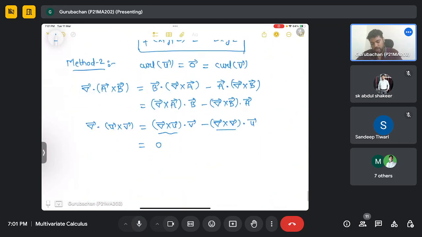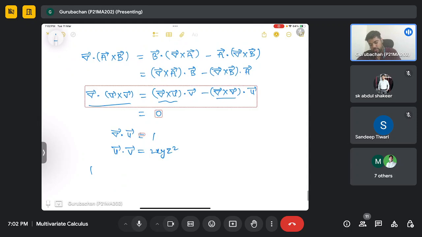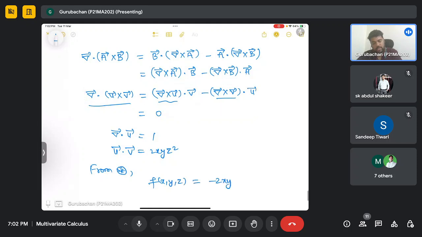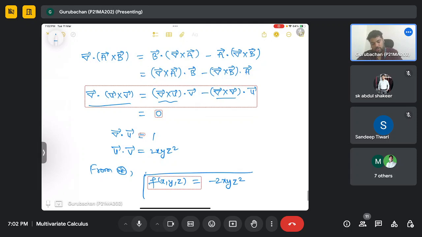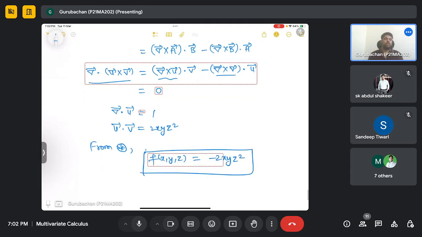So from here this quantity is 0, and you have also calculated del dot u is simply 1 and u dot v is simply 2xyz square. So again from star you can directly say that f of x y z is equal to minus 2xyz square.